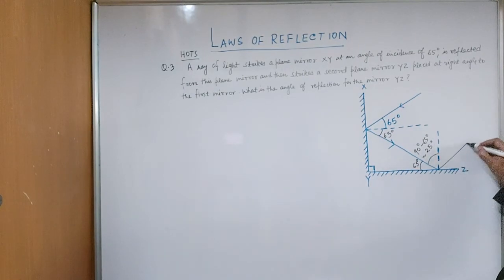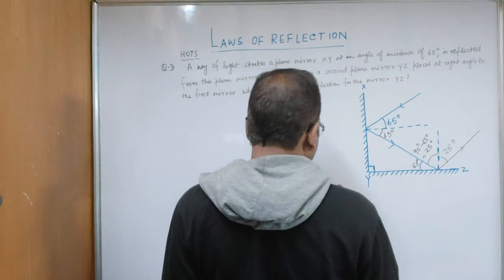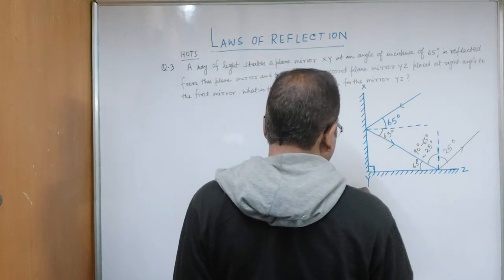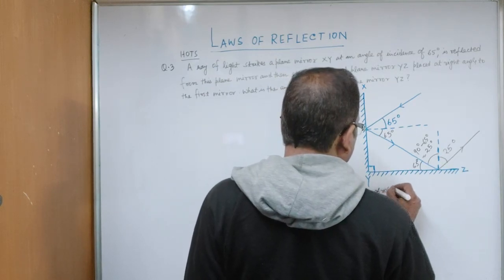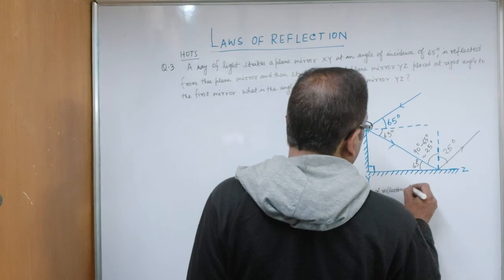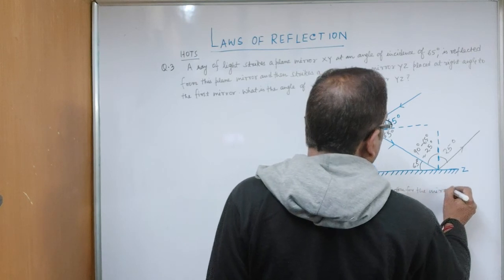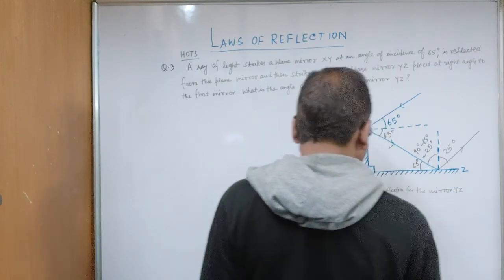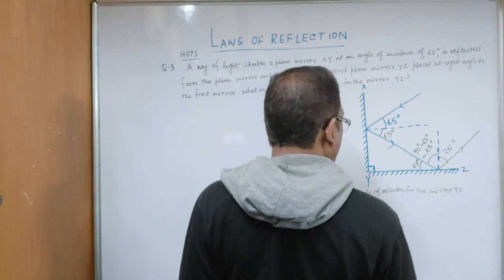This ray will also make the same angle because the angle of incidence and reflection are equal. So the angle of reflection for the mirror YZ will be 25 degree.